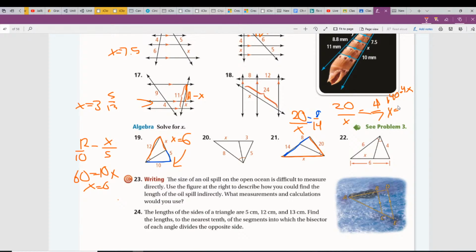X equals 35. Check that, 140 divided by 4, 35. You can check that if you want, but x is equal to 35 when you divide it. So yeah.